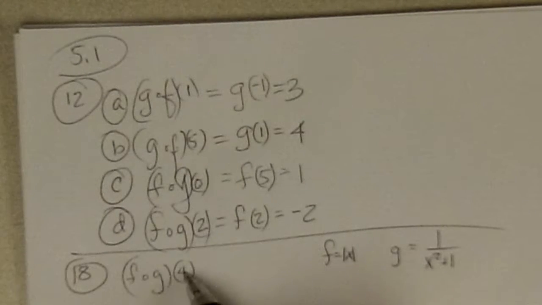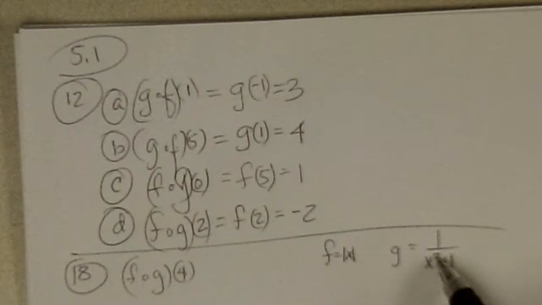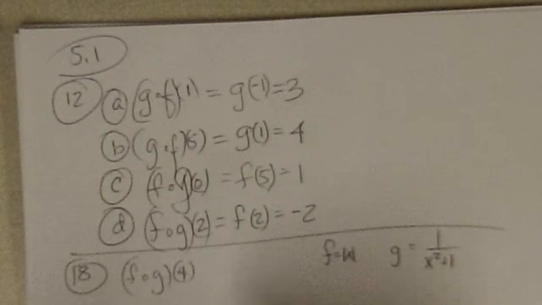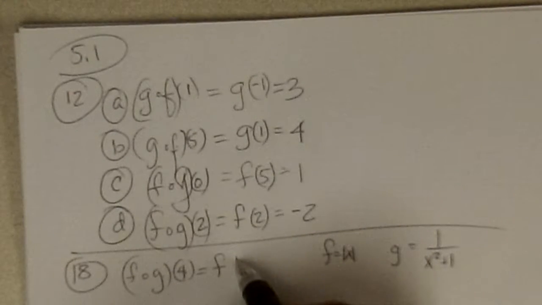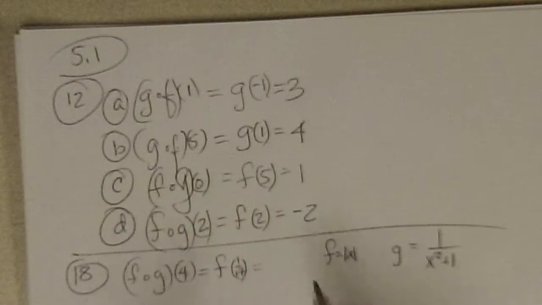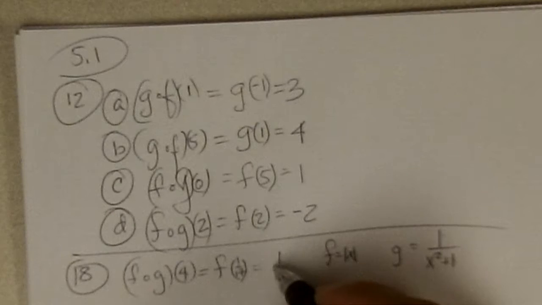So if I put 4 into g, 4 squared is 16 plus 1 is 17. So I got 1/17. So this changes to f of 1/17. And f takes the absolute value, and absolute value of 1/17 is 1/17.